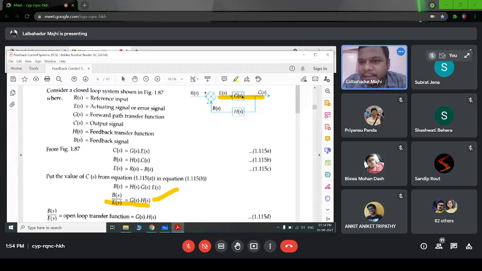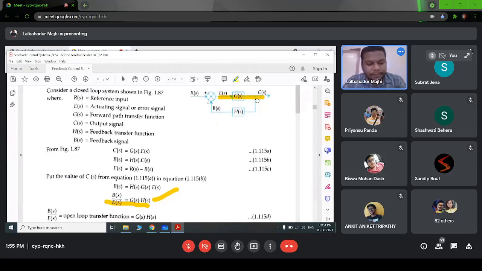At that time the output is C of S and the input is E of S. If we calculate the transfer function, it will be the open loop transfer function because we are not using a feedback path or a summing point. So the open loop transfer function for this line will be C divided by E equal to G. This is clear, right?